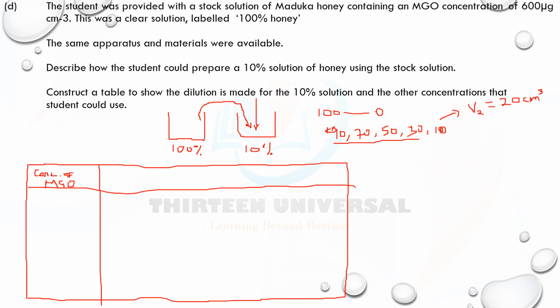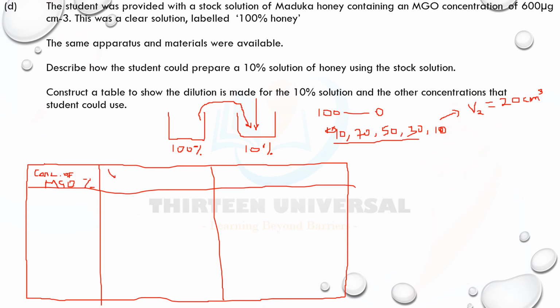So remember, you put the percentage. The unit is percentage, right? Concentration is in percentage. Put it in bracket, or just use a line to show. Okay, so in percentage. Now, of course, the next we use is volume of stock.